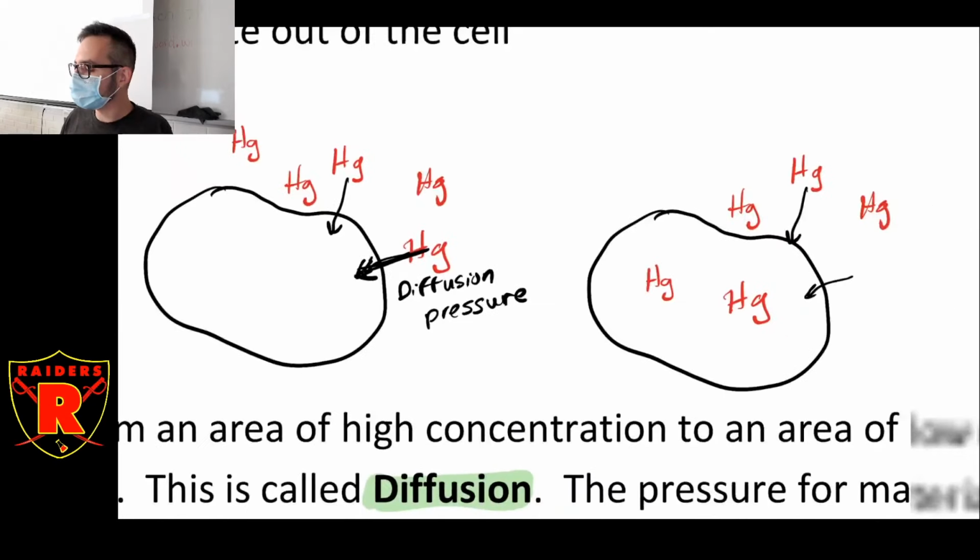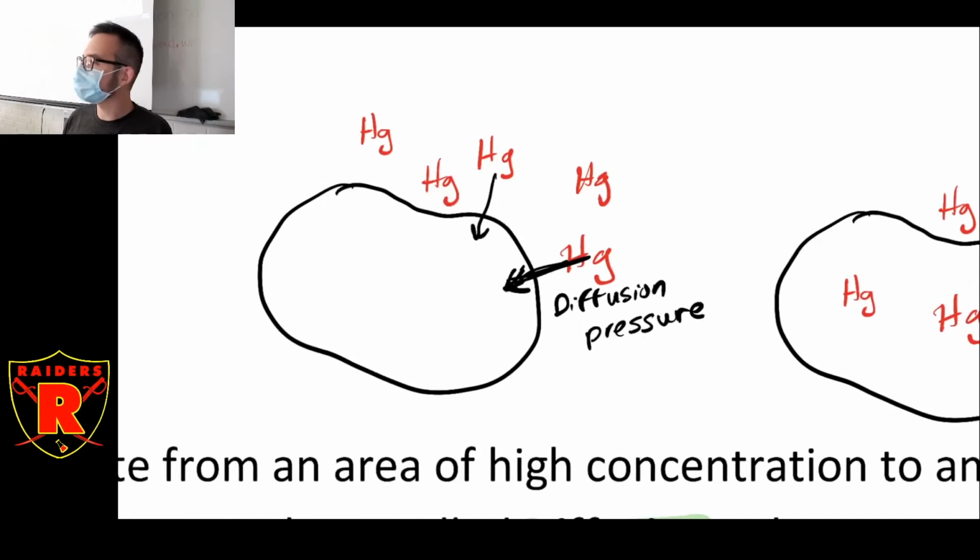So this only works if the cell allows whatever the material is to pass across the membrane. Mercury is a good example because mercury can pass across the cell membrane. But there are some materials that the membrane doesn't let across it, like sugar. So if you have a high concentration of sugar on the outside and a low concentration of sugar on the inside, there's a gradient pushing the sugar in, but there's no holes.